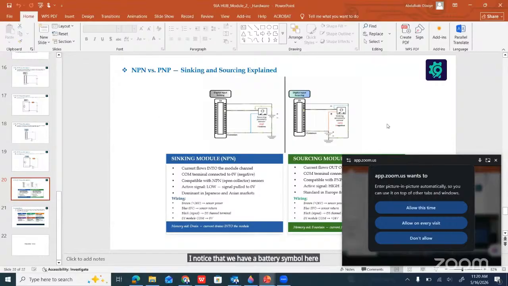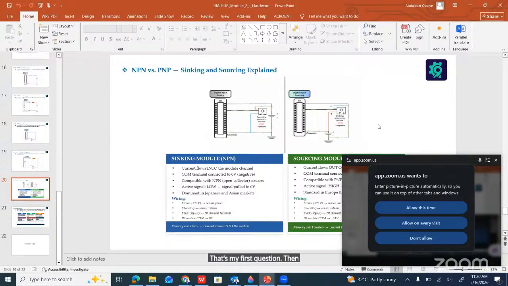Do most of those PLCs have a centralized common, so that when you feed, let's say, a negative signal into the common, it takes effect on all the modules? Or do you have to feed a negative signal to each data input of the PLC in order to connect the proximity sensor? That's my first question.